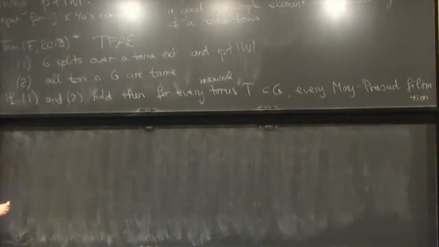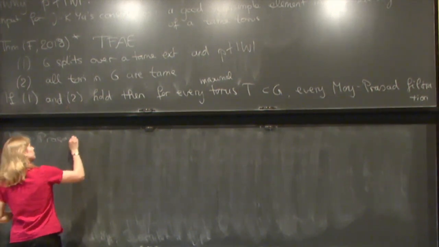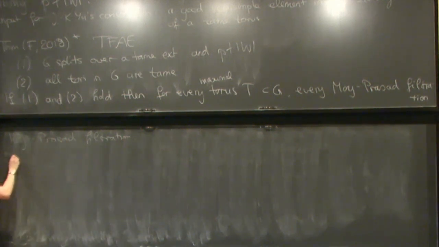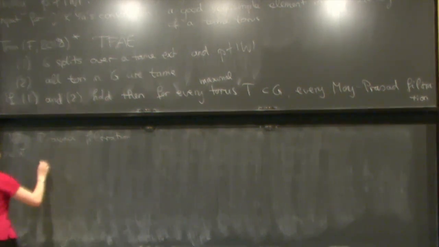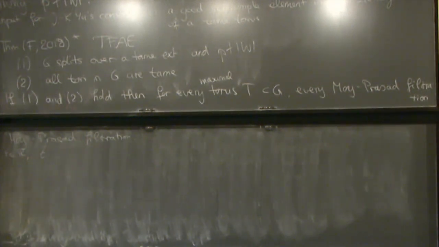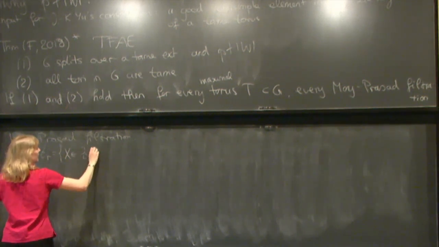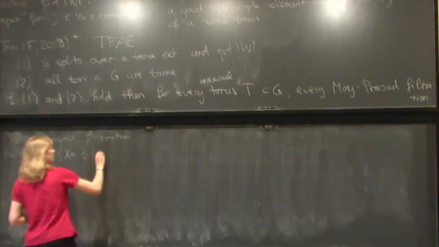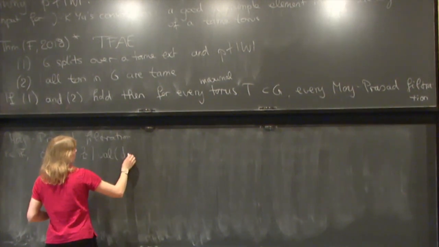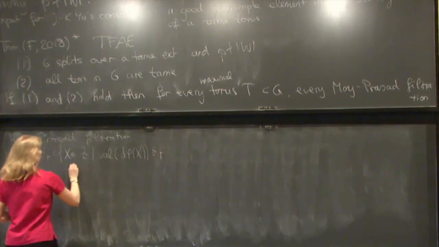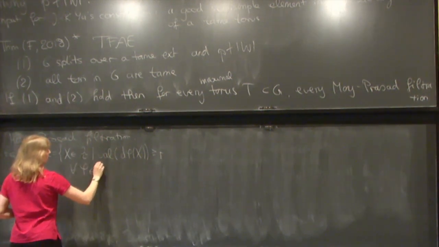So what are all these objects involved? What is the Moy-Prasad filtration of the torus T? So if you take R to be some real number, and T being the Lie algebra of the torus, then T sub R consists of all the elements X inside the Lie algebra of the torus such that the valuation of d phi of X is greater or equal to R for every character phi of the torus.